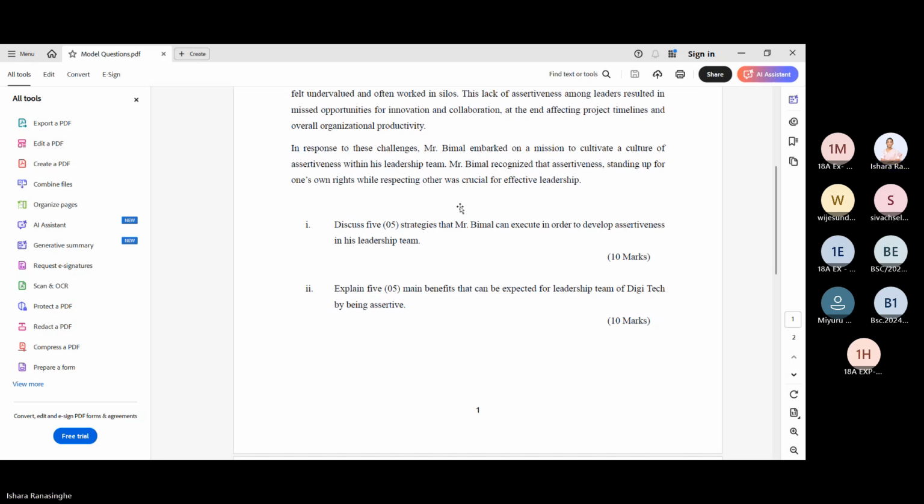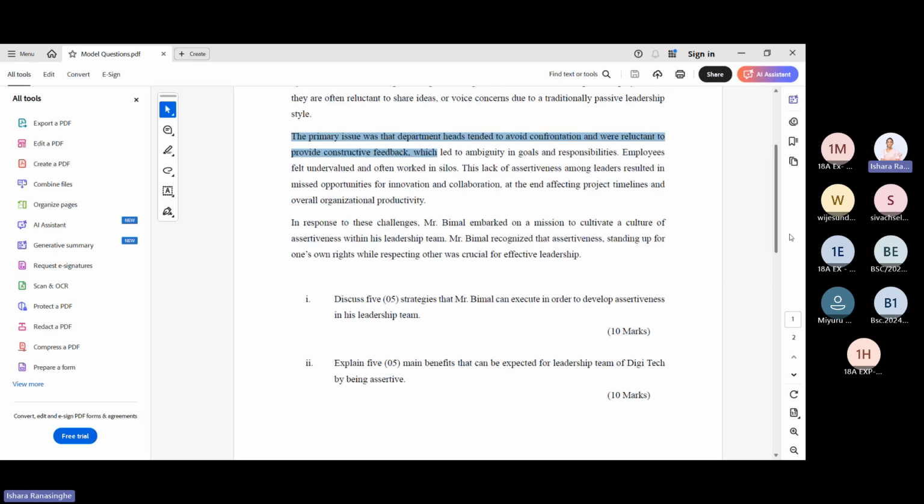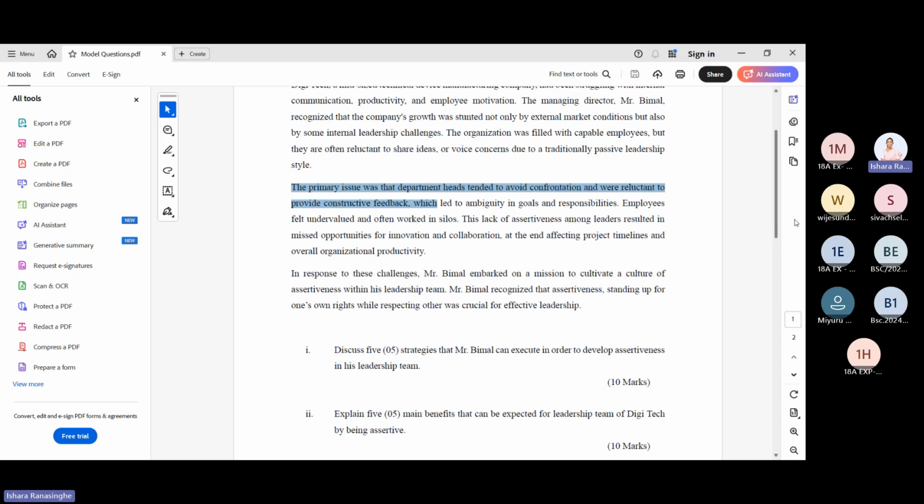So here you need to explain these points by creating a link with the case study. For an example, better relationships. You can say, when you are reading the case study, if I take the same point, here we can realize that there's no good relationship between the subordinates and the leaders.